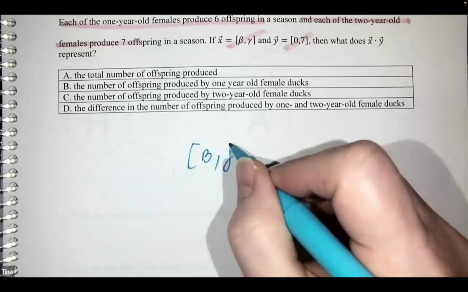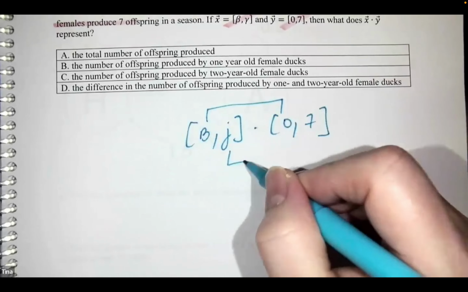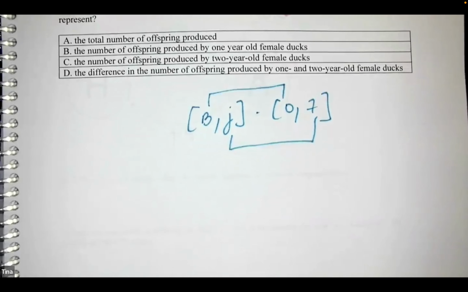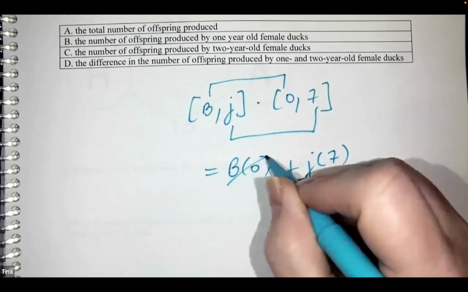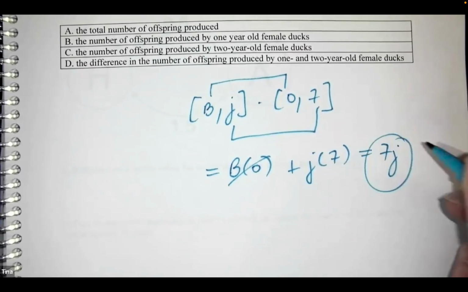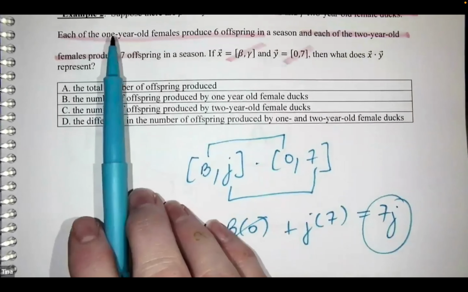So if we take (beta, gamma) times (0, 7), well, like we said before, first times first plus second times second is only going to be gamma times 7, or 7 gamma. What's 7 gamma? What do you think that means?